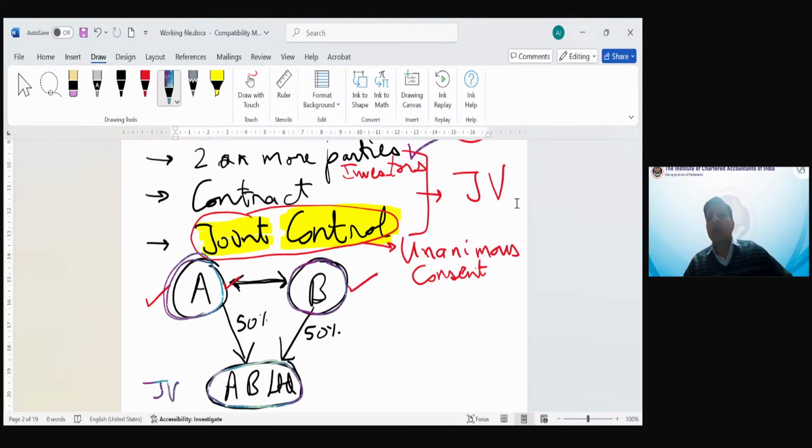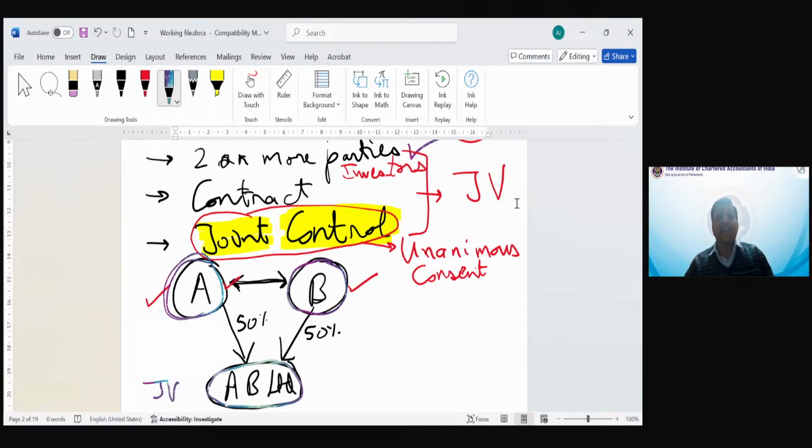If they do not give their consent, the matter will not move forward. It should not happen that A is giving the consent and the matter is moving forward, or only B is giving the consent and the matter is moving forward. No. Till the time both of them do not agree, the matter cannot move forward. Decision cannot be taken. That is what you call as joint control.